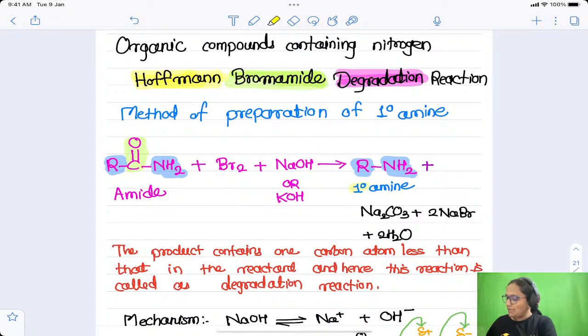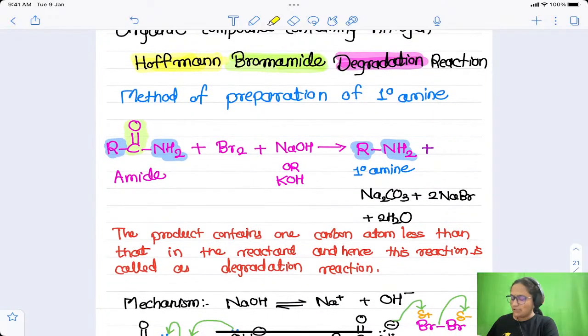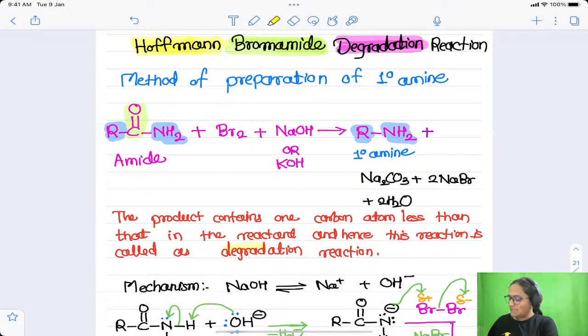We get the primary amine as the main product. Side products are Na2CO3, NaBr and H2O. In this reaction, if you observe, the primary amine contains one carbon less than the starting material, that is the amide. Therefore, this reaction is called a degradation reaction.